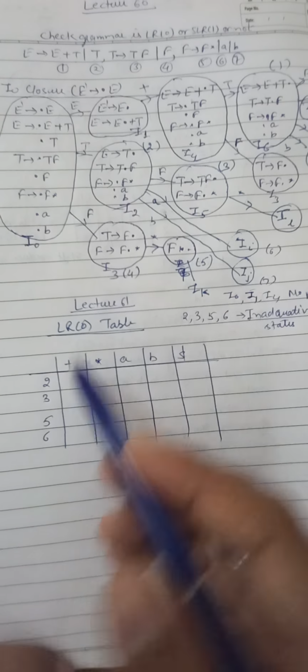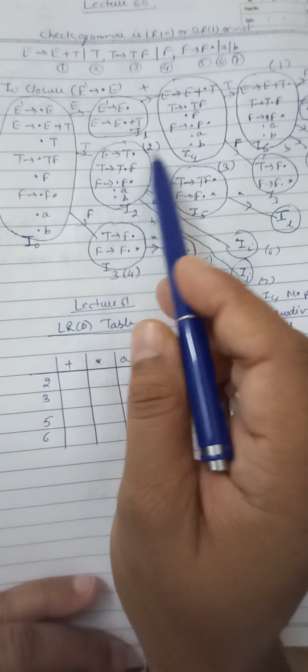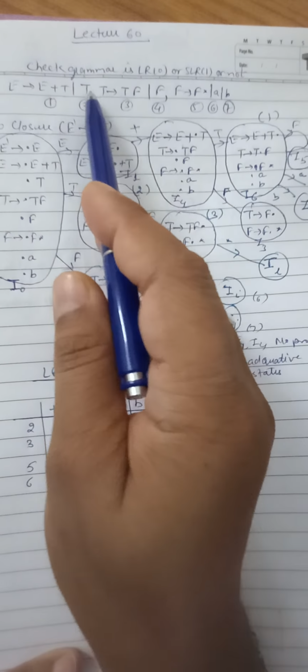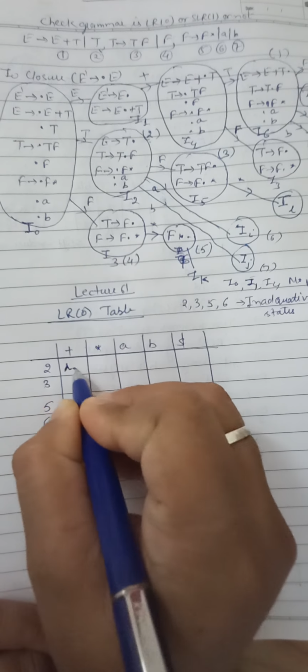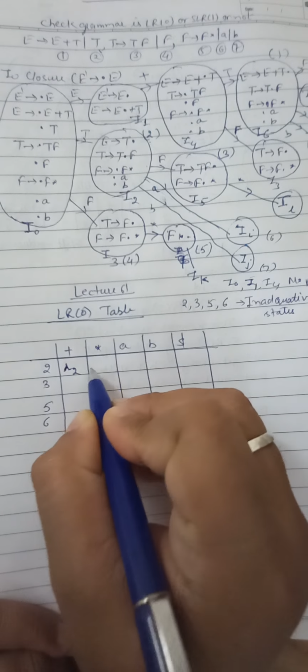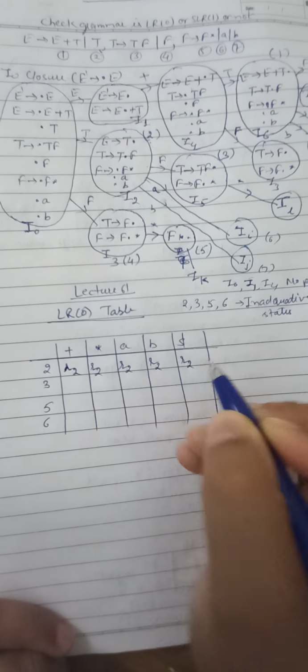First start with the second state. Here we can see that the second production is completed, so we write R2 everywhere, because this is an LR0 table: R2, R2, R2, R2, R2.